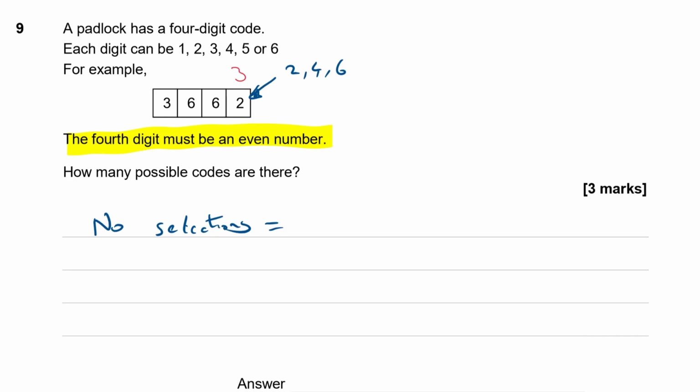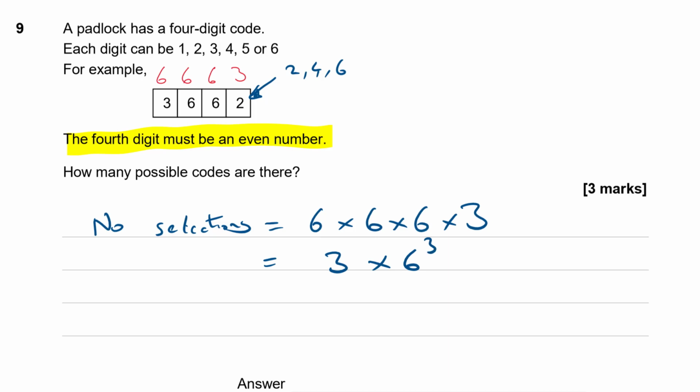for that last digit. Now for each of the other digits, there are no restrictions. They can be any of those 6 numbers. So there's 6 choices for that one, 6 choices for that one, 6 choices for that one. So altogether then, there's going to be 6 times 6 times 6 times 3, which as a product of its prime factors would be 3 times 6 cubed.